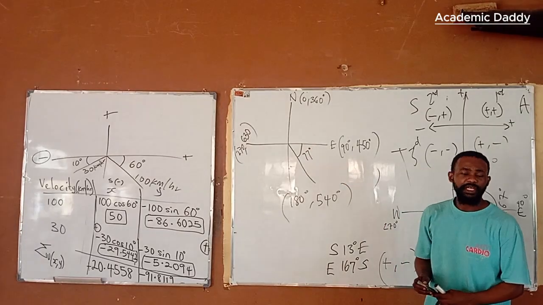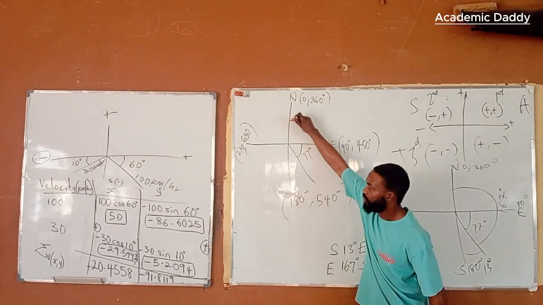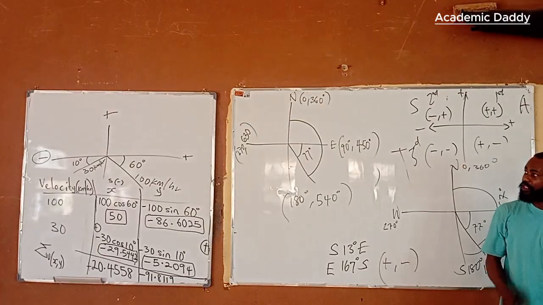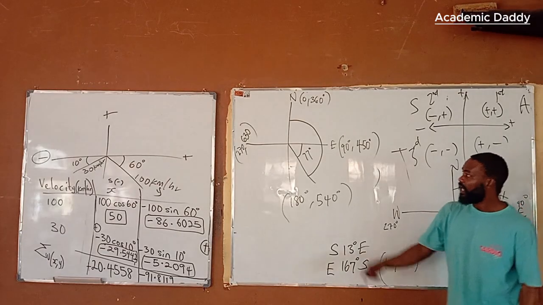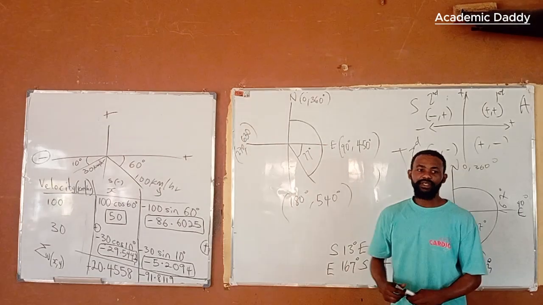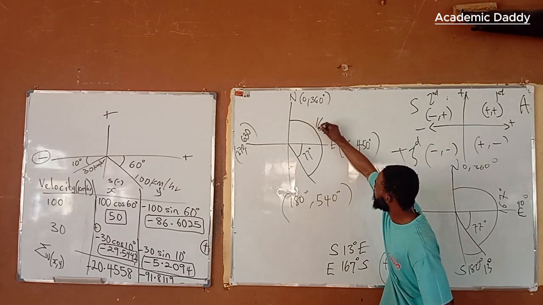But notice, we are talking about bearing. The bearing should run from 0 to this. So when you now do 90 plus this 77, you punched it and it gave you 167. Let me write 167 here.